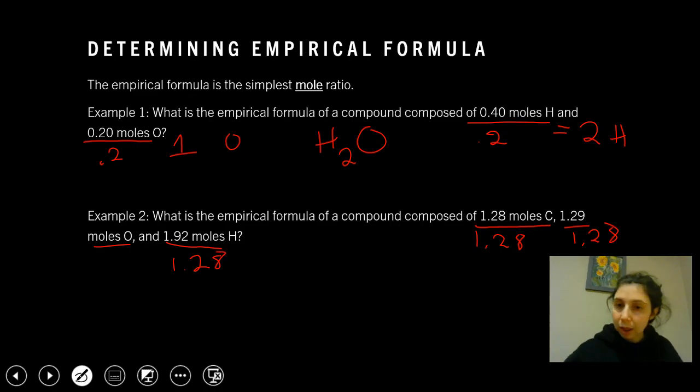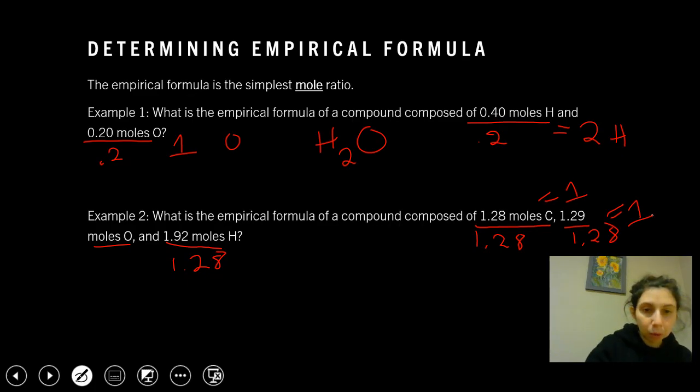So 1.28 divided by 1.28, this would equal 1. 1.29 divided by 1.28 is equal to 1.0078125. And I can round this to 1. That's very close to 1. And so we round to the whole number because we need a whole number ratio. And then 1.92 divided by 1.28 is equal to 1.5.